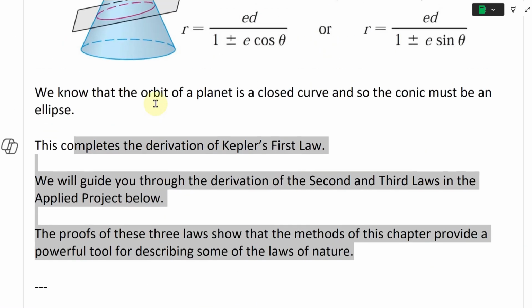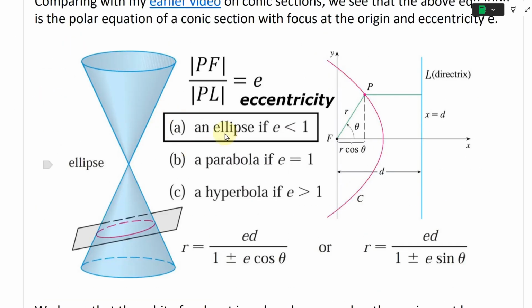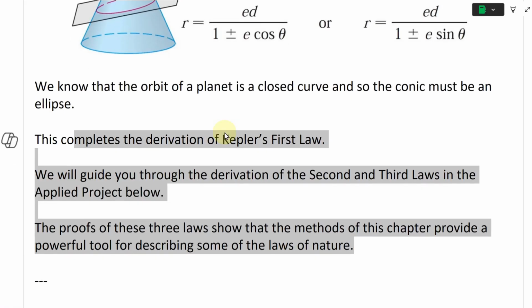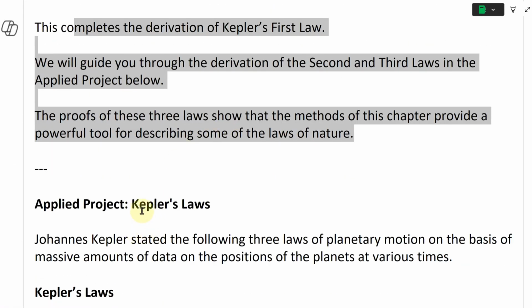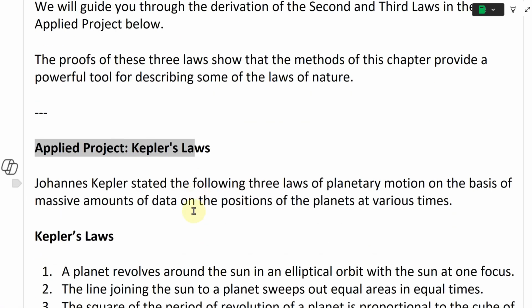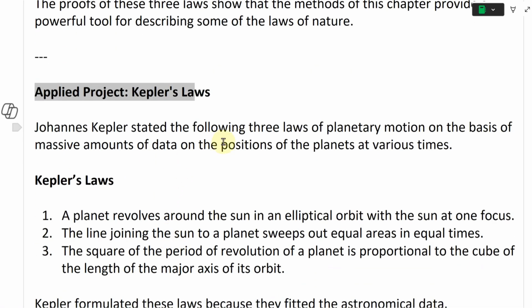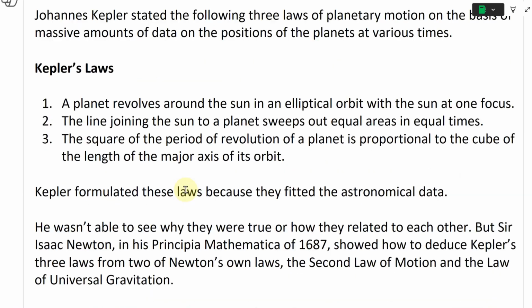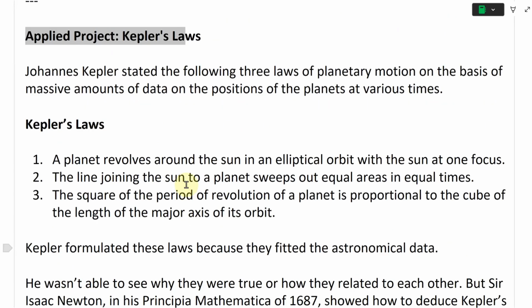I skipped the first law there because I wanted to do it in one video on Kepler's laws. The applied project is at the end of the calculus book chapter and goes over laws 2 and 3. So I wanted to put it all in one go, so this will recap Kepler's laws, which I already covered at the beginning, but it's always a good thing to repeat knowledge.